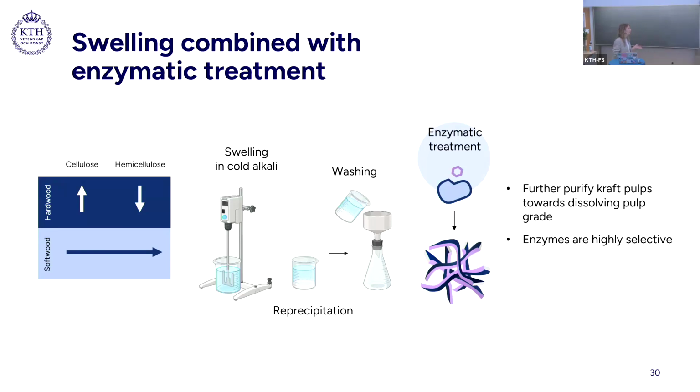And then we precipitate, and then we wash, and then we do an enzymatic treatment. This enzymatic treatment we want to add to see if we can push the purity further towards something called a dissolving grade pulp. And the dissolving grade pulp is something that we use for derivatives. So dissolving pulp and cotton linters are typically used because they are very pure. And we use the enzymes because they are highly selective and they do not degrade the cellulose.